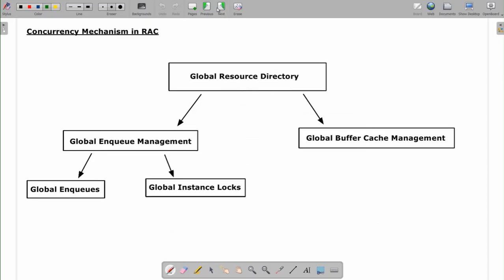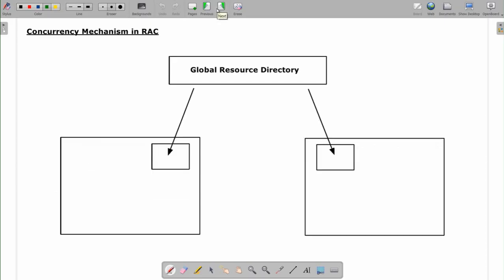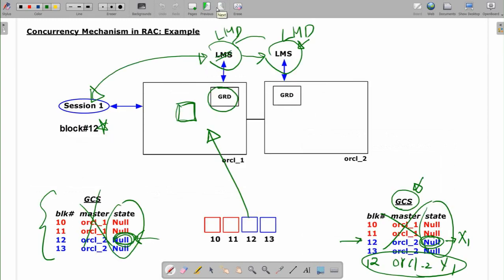And then we discussed the global resource directory, and also global enqueue management, and global buffer cache management metadata. It is saved in the global resource directory in the shared pool. And we also had a discussion of global resource directory and global resource metadata management by going through the LMS process and the global cache service example. And also in the slide, we had an example of global enqueue service and the LCK process.